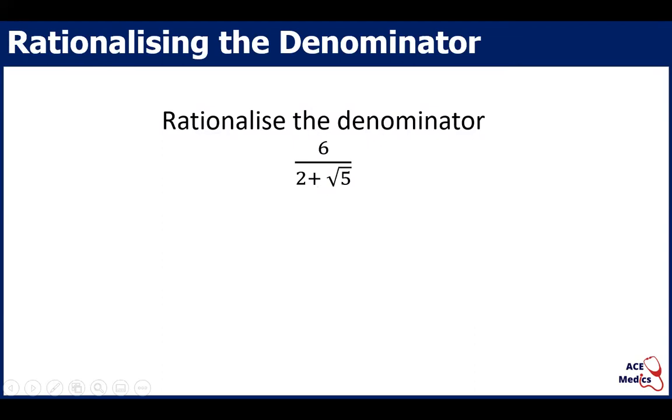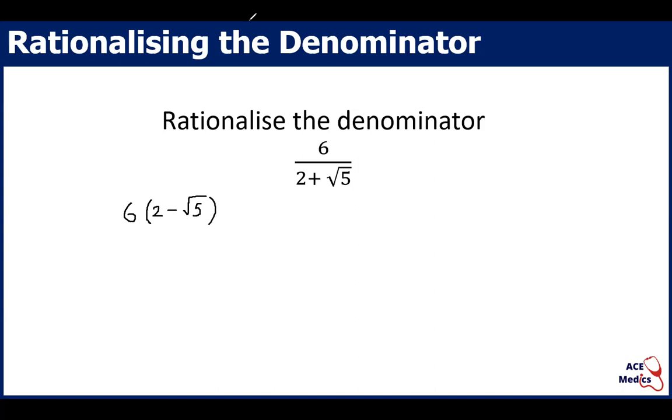Now, when we rationalize this, instead of just multiplying it by √5, we have to multiply it by the whole thing on the bottom, but in the negative form. So instead of multiplying it by 2 plus √5, we're going to multiply everything by 2 minus √5. I'll show you why in a second.